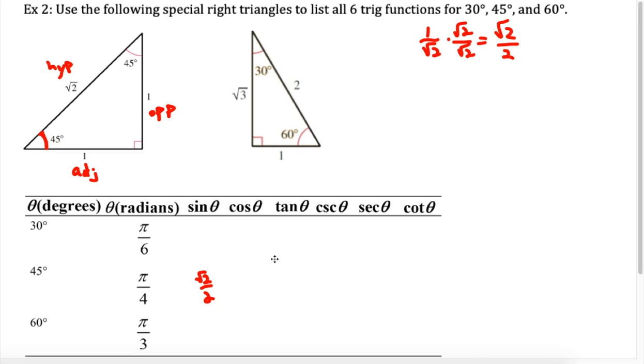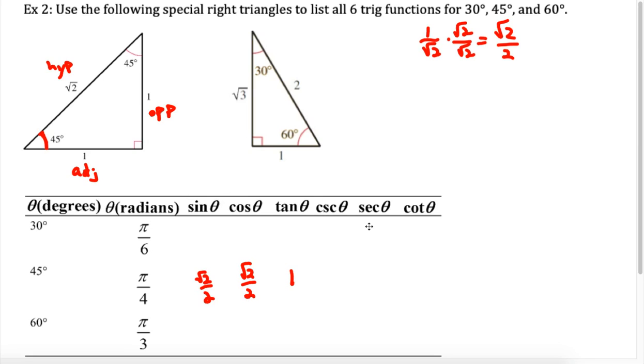Then cosine would be adjacent over hypotenuse. That's actually the same, right? 1 over the square root of 2 would rationalize to the square root of 2 over 2. Then tangent, opposite over adjacent would be 1 over 1, would just be 1. And then cosecant is going to be the reciprocal of sine, right?